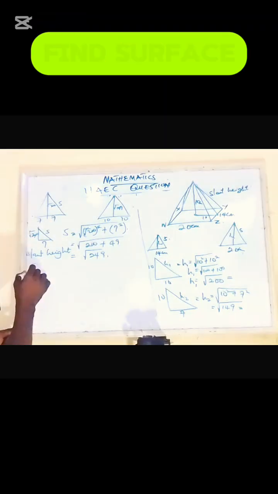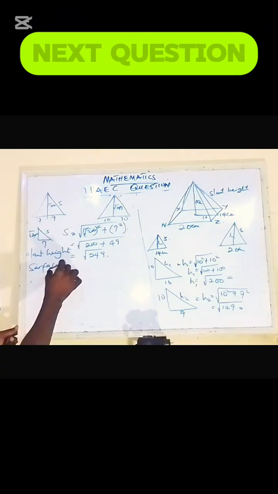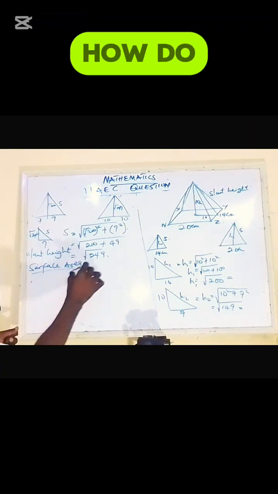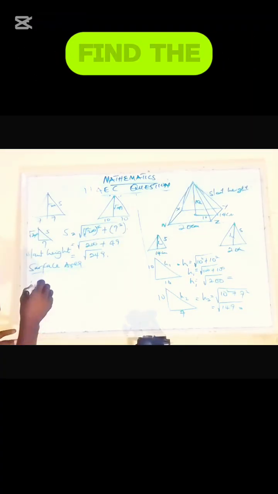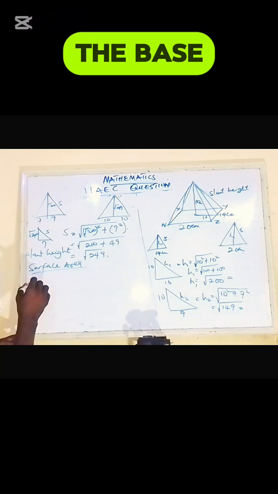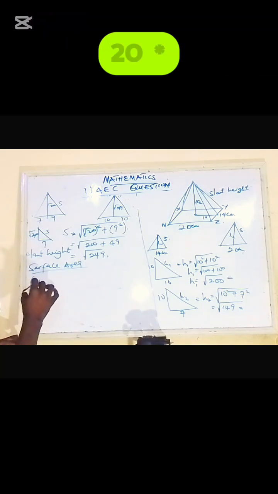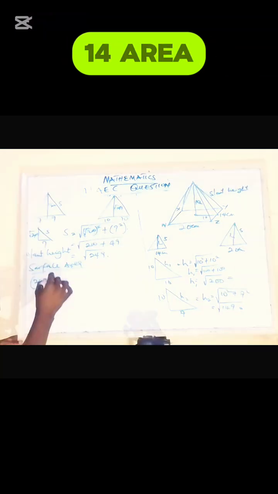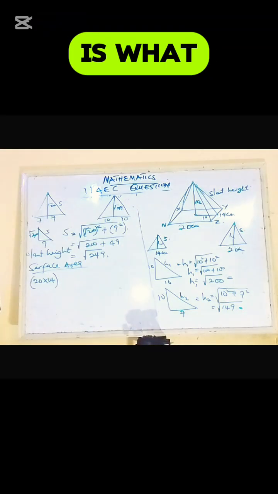Good. So I'm to find the surface area now. That's the next question. How do I find the surface area? So simple. Find the area of the base, 20 times 14. The base is a rectangle.